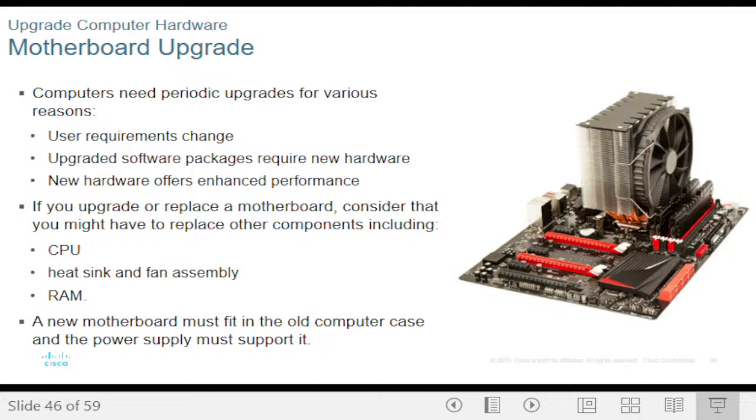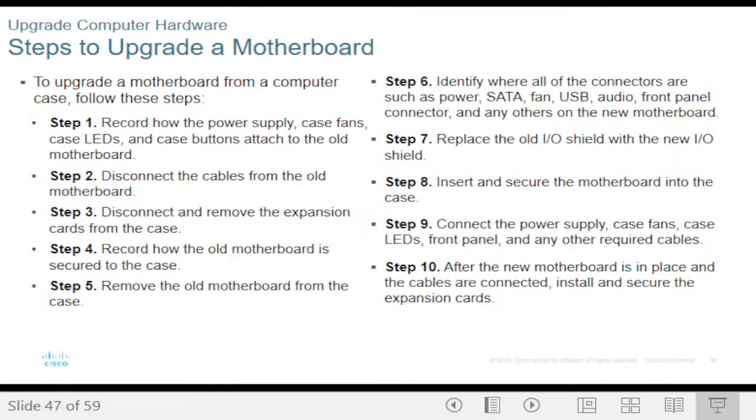There are certain things that you might want to consider when you want to upgrade your computer. The motherboard is key, so is the CPU and the RAM. So there are these steps that you need to consider when you want to upgrade the motherboard, how you are supposed to remove the components and start putting them back again one by one.